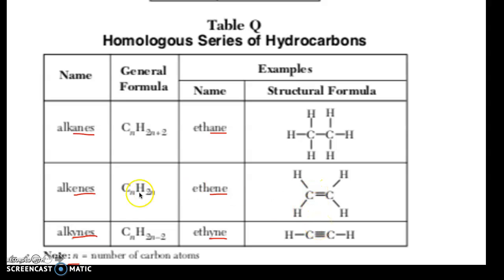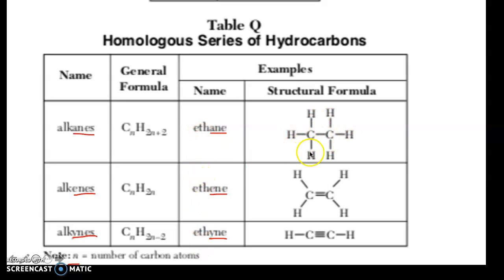Now, if we had to name an alkane hydrocarbon, we will always end the name with an ane. When we have to name an alkene hydrocarbon, we're going to end the name with an ene. And for an alkyne hydrocarbon, we're going to end it with a yne. How do we know what the prefix is, how we're going to start the name?